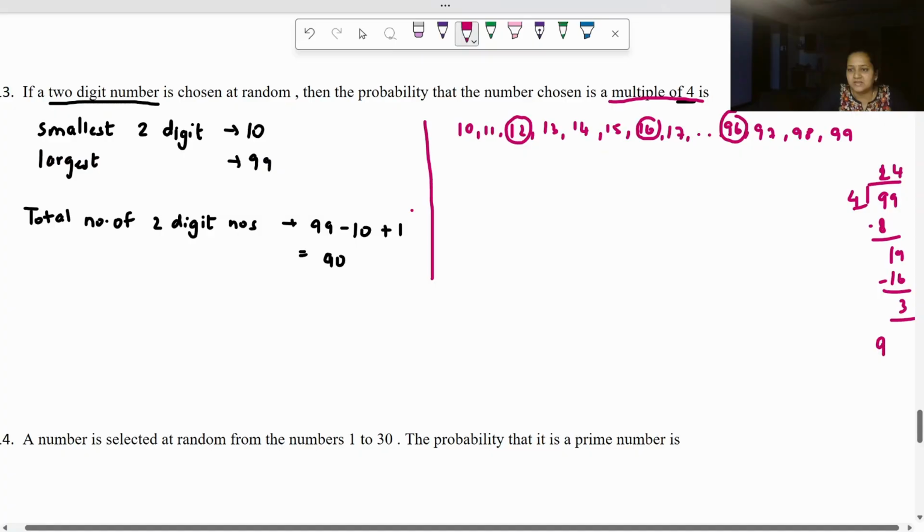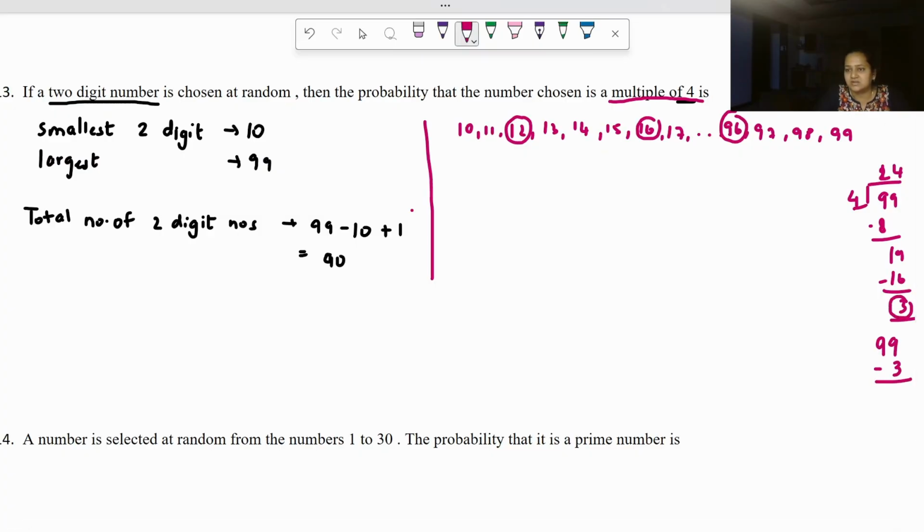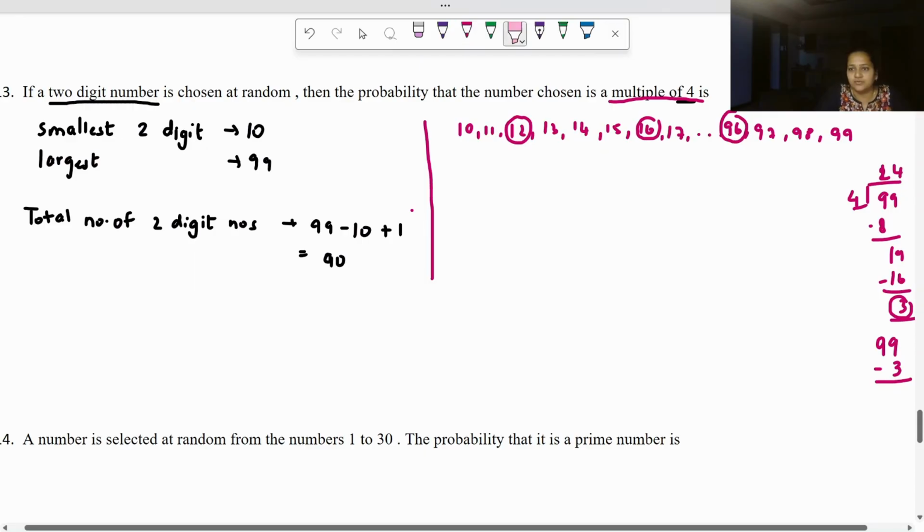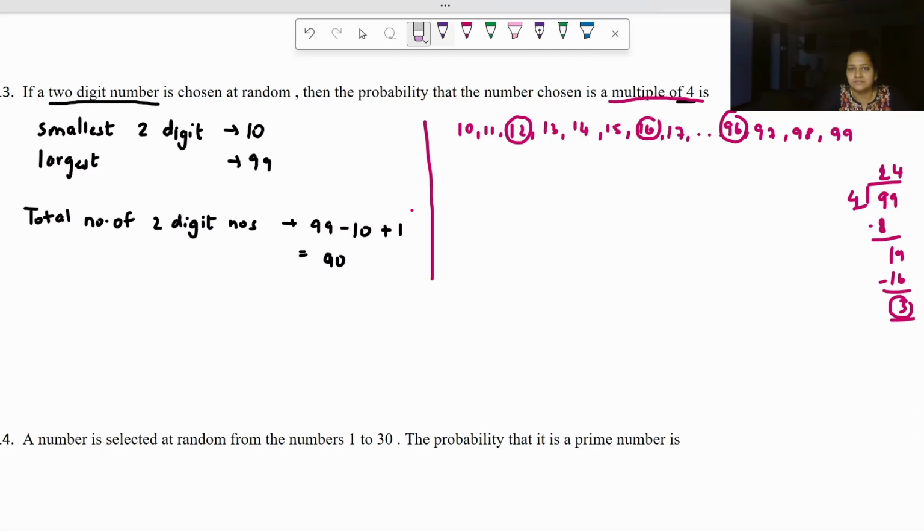So what we did is 99 minus 3. 3 is a remainder, that means this is extra. Or rather, we can write 24 into 4, which is 96. Hence, 96 is the largest one.